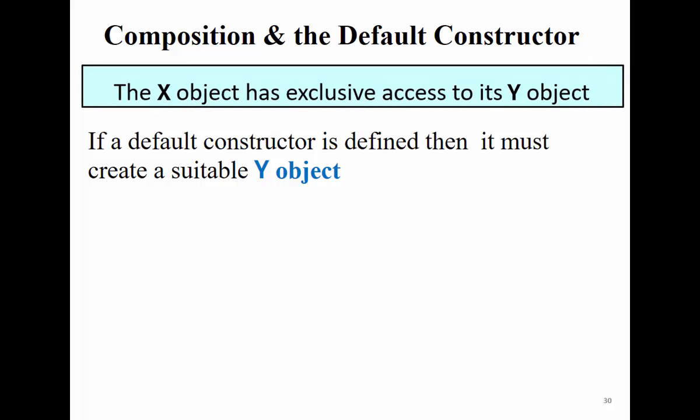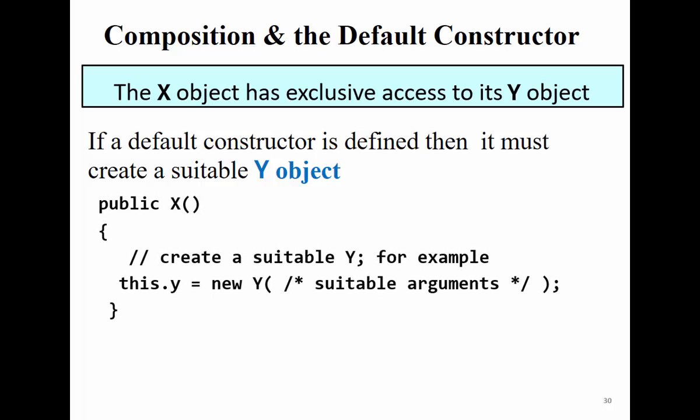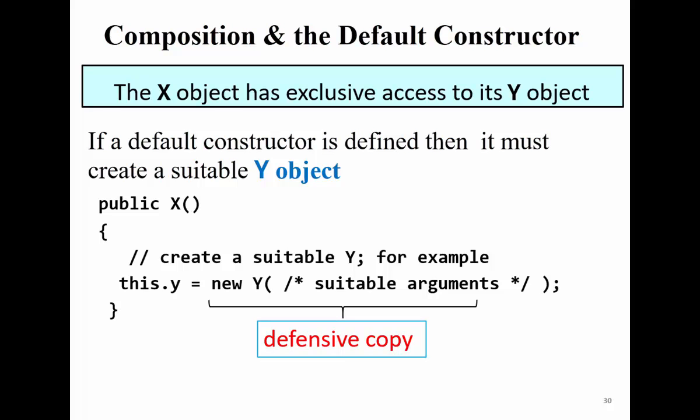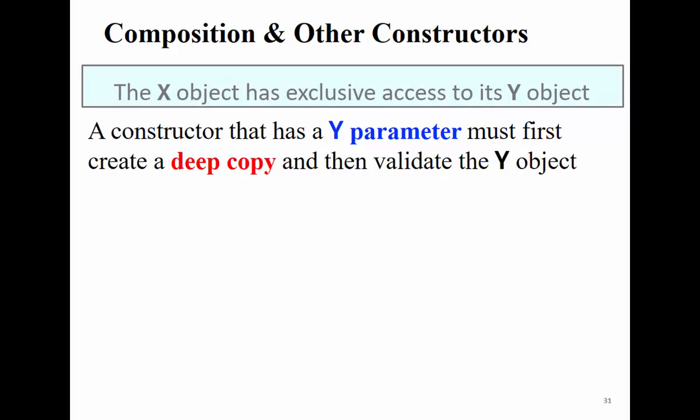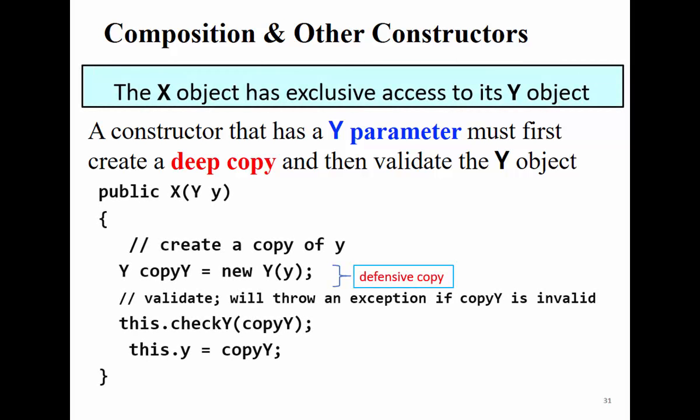The default constructor, when defined, must create a suitable copy of Y. This is an example. You have X with a default constructor, this.y as a field, new Y. So we create a new copy of Y. This is a defensive copy. In other constructors, like copy constructors, we provide a Y object, and inside we create a new Y. We're not using the given Y. We always have new Y inside the composition relation.